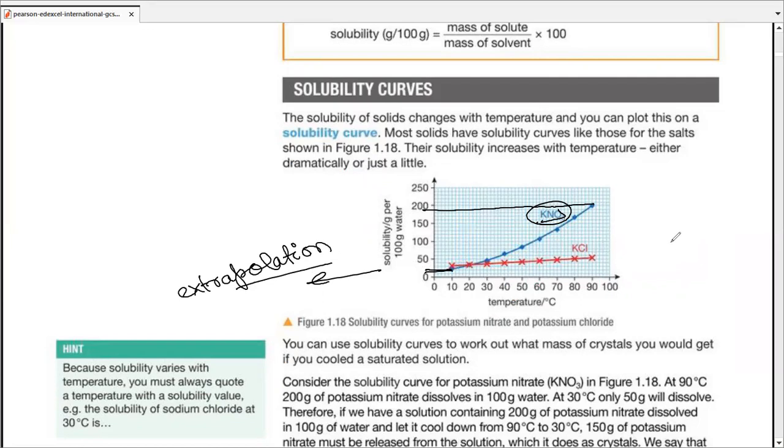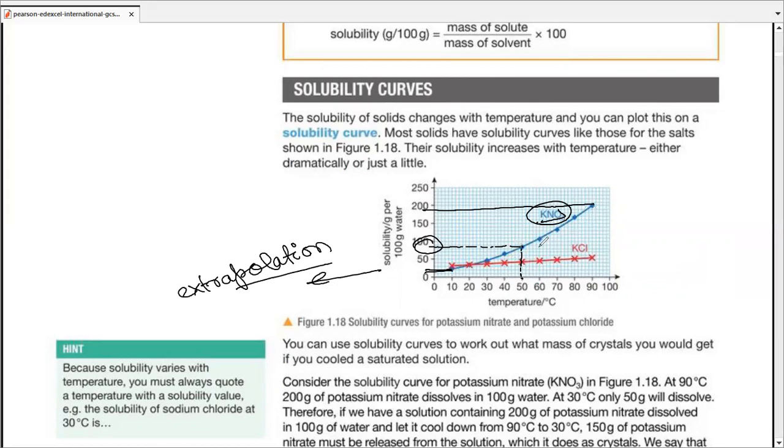For example, they may ask you at 50 degrees centigrade, how much potassium nitrate was dissolved in this much amount of water? So I hope you understand at 50 degrees centigrade, you are supposed to extrapolate these values like this and get the value over here. This is known as extrapolation. Yeah. I hope you already know how to do that. Yeah, I do. Good, good.